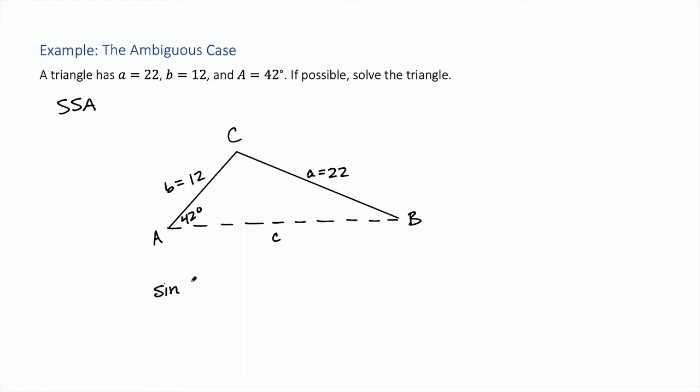So sine of the angle 42 degrees over the side length 22 equals the sine of the angle B over the side length B, which is 12.